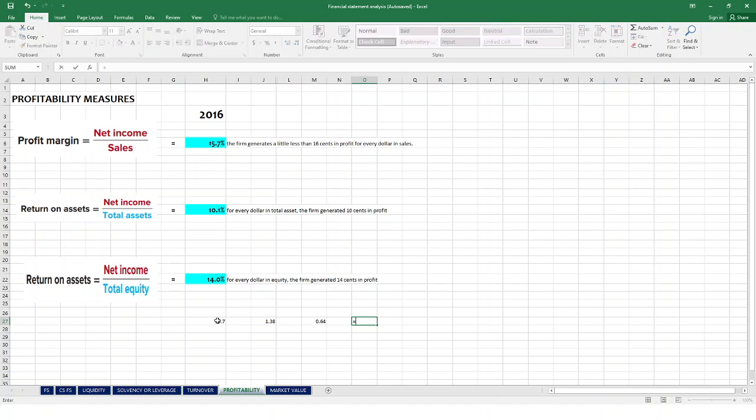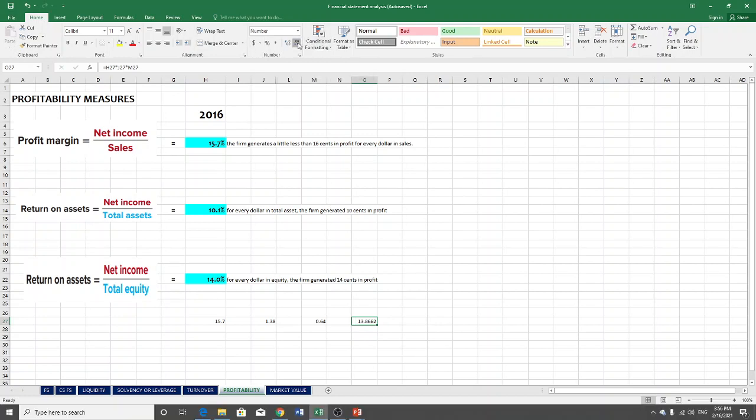This is equal to this times this times this. Approximately, this is truly 14%. So this will truly give us 14.